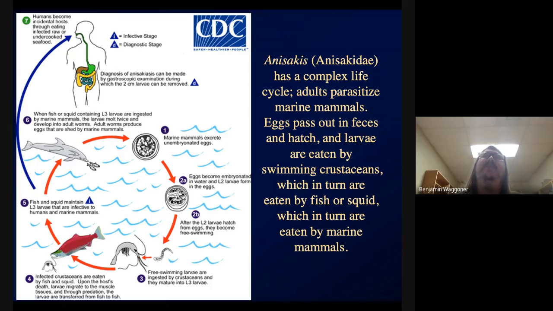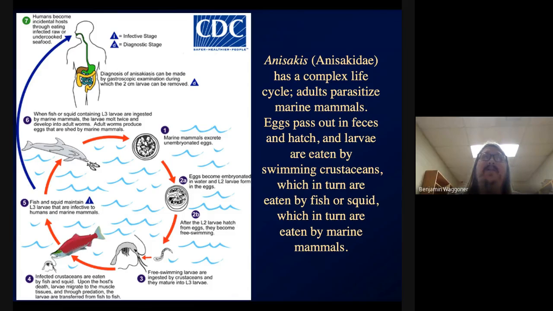I have been told that tuna is actually strangely very safe, that you usually don't find these in tuna, but you could get them in squid, you could get them in other fish that are high up on the food chain. A close relative of Anisakis called Pseudoterranova is called the codworm because it happens to be common in Gadus morhua, the Atlantic codfish.